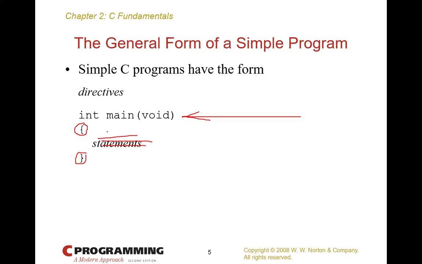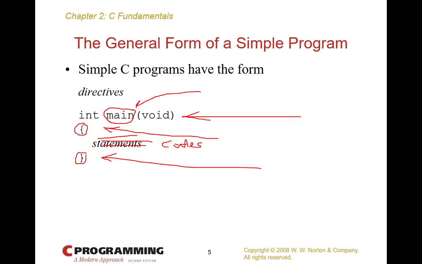So a series of codes, which should be here, that have been grouped together and have a name. This is the name. So this is the name for our function, by the way.